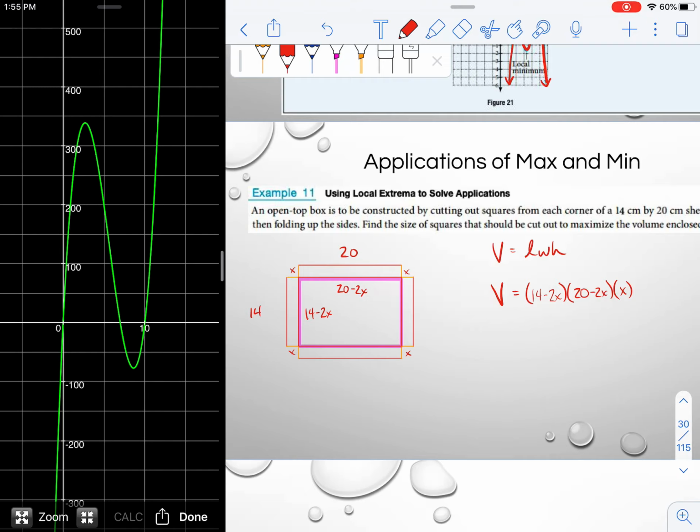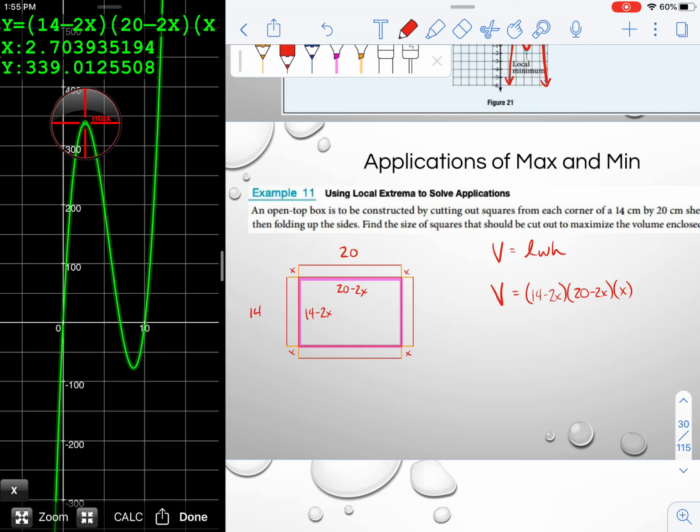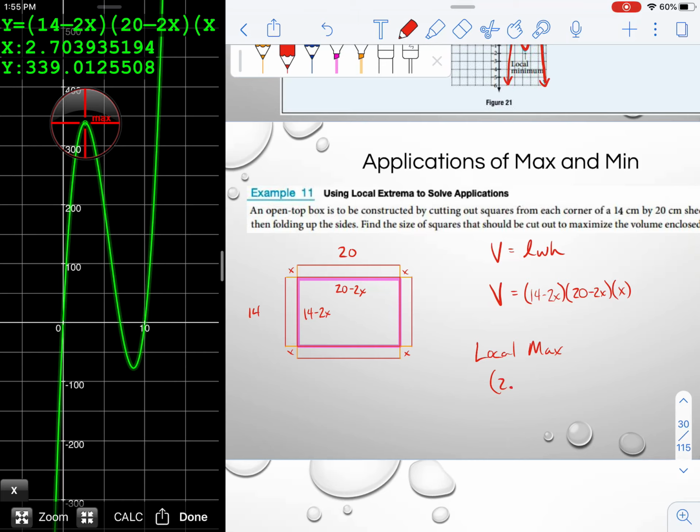Right. What I'm actually looking for is the maximum volume. This graph gives me a graph of the volume of the actual box that I get once I made this cut. And if I look here, I have a local maximum. Right, my local max takes place at the point 2.7, 339.0.